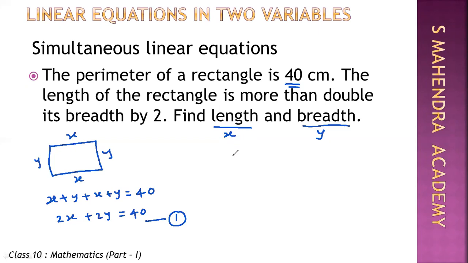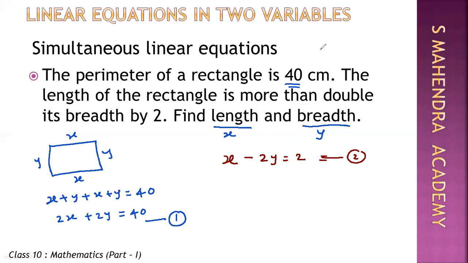Means the difference between the length of the rectangle, that is x, difference means minus, double its breadth means 2y, and the difference is equal to 2. So this is the required equation. So we have got two equations.